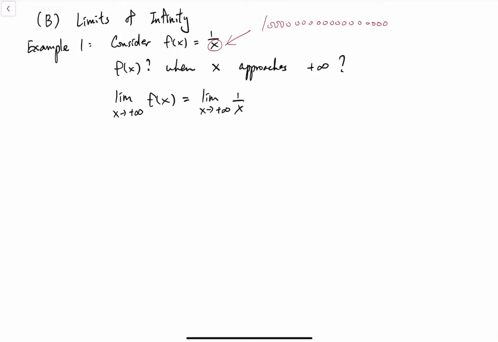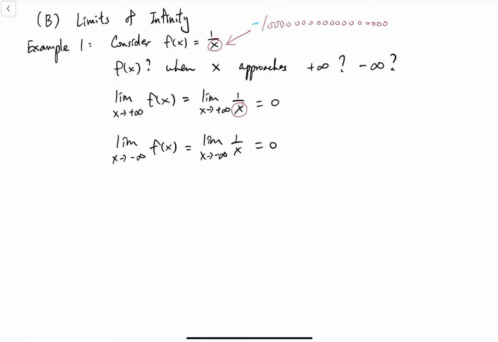So when x is a very big number, this will become 0. Then how about negative infinity? It's simply like you put a negative sign here, then 1 over this one, you still get 0, right? So in this case, when x tends to negative infinity, it is equal to the same: 1 over x is 0.